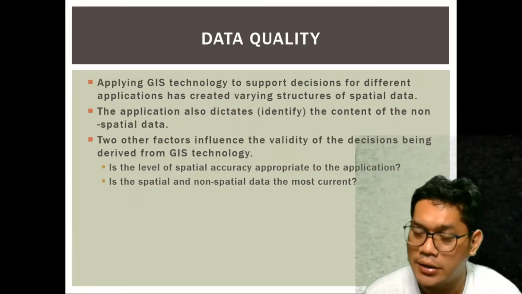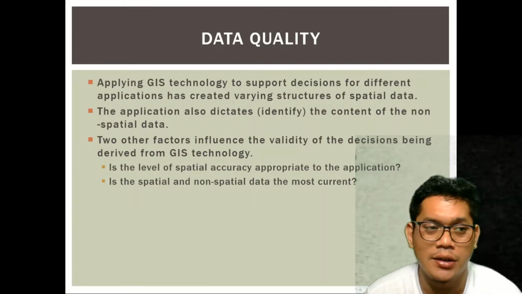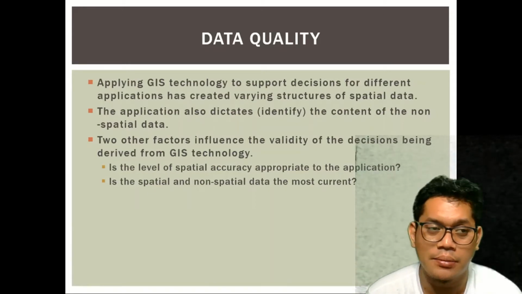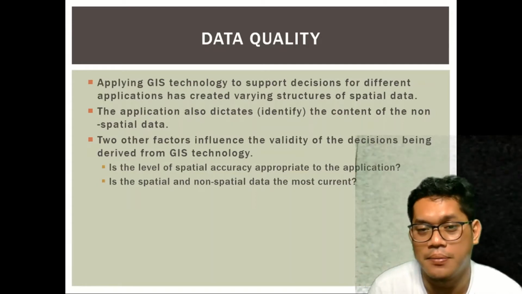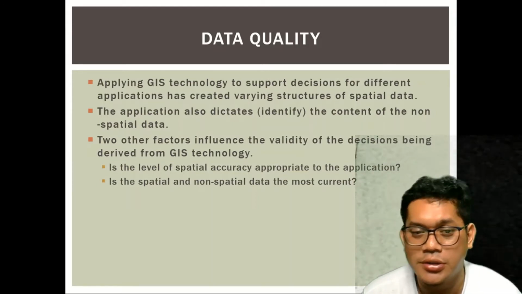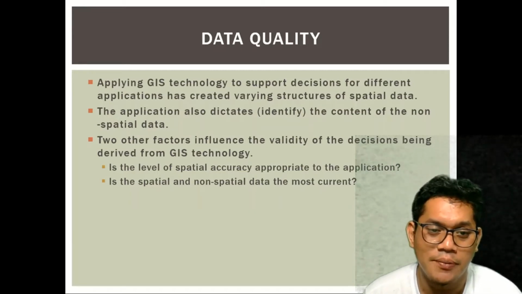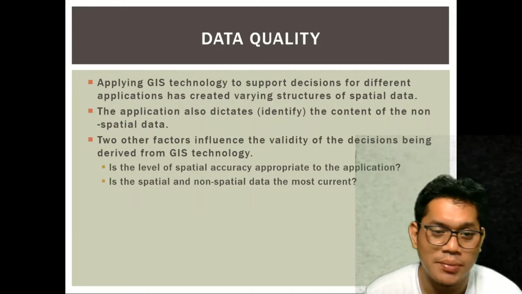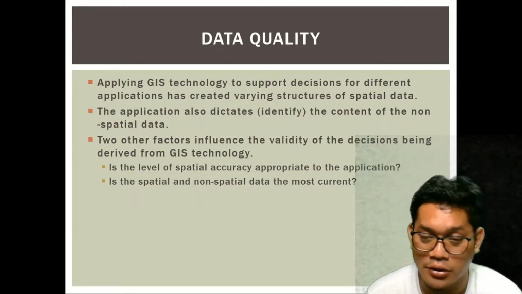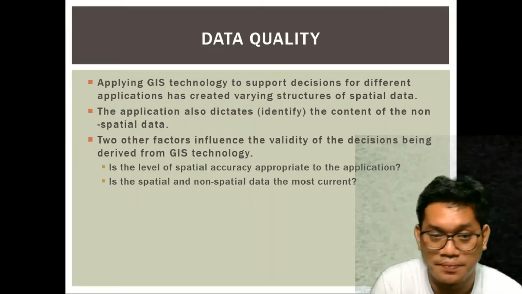So the data is current. We don't want data that is 10 days or 20 days old. We want exact updated data by a certain time. This is the concern of different applications. You have to think about those two things: the accuracy level, and the currency, or current availability, of the spatial and non-spatial data.